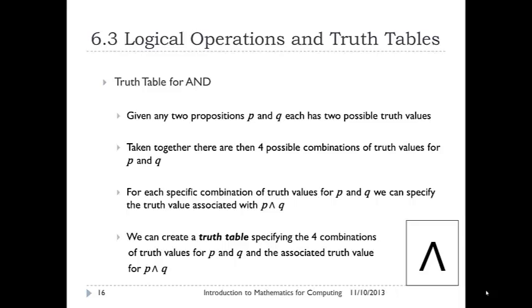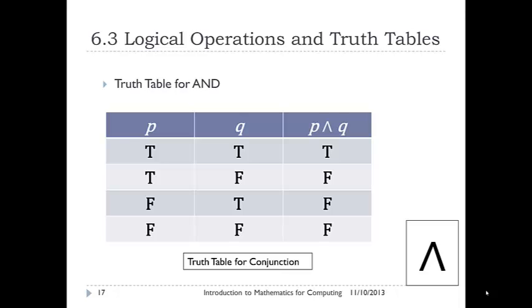For each of those combinations, we can look at the effect of using the AND operator to form the compound statement P and Q. To do that, a truth table is a very useful way to represent and display the result of the combinations.